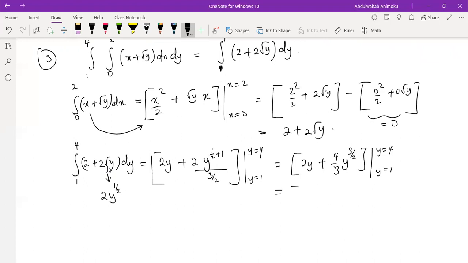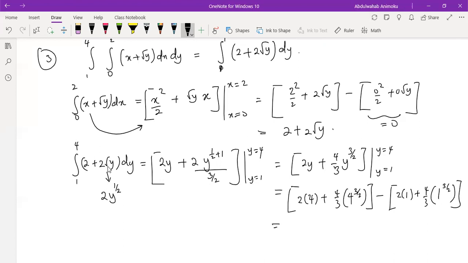Now, when y is 4, this gives us 2 times 4 plus 4 over 3, 4 raised to power 3 over 2, minus 2 times 1 plus 4 over 3, 1 raised to power 3 over 2. Okay, now this gives us 8 plus 4 over 3 times 4 raised to power 3 over 2. So you can just evaluate this here.